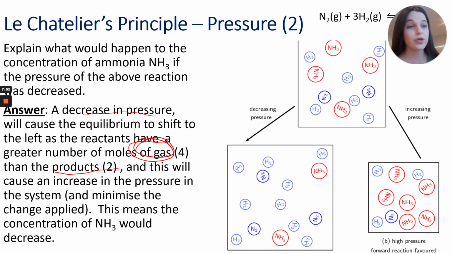So I have included here how many moles of gas there are on either side, being really specific, 4 versus 2. This will result in an increase in the pressure of the system, which will minimize the effects of that change, which was to decrease the pressure, which in this case, linking to my example, would increase the concentration of nitrogen and hydrogen and decrease the concentration of my product.